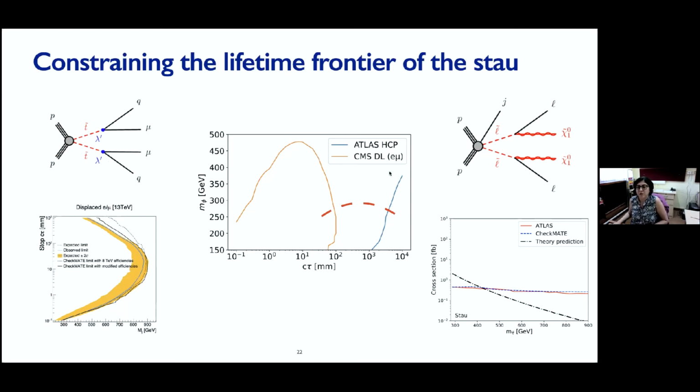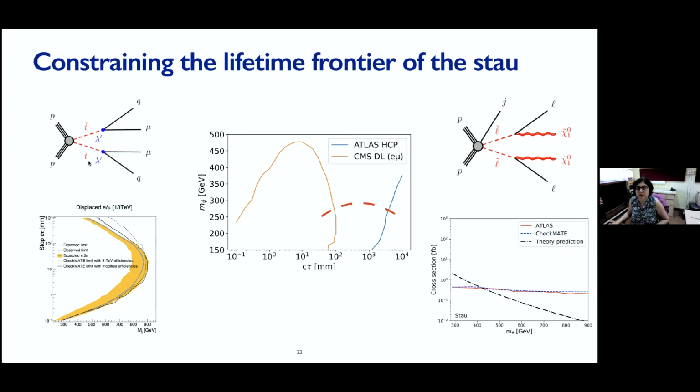So basically you just have a track that goes all the way outside the detector. Okay. So we see that it covers a very large range of lifetime. So this is essentially the decay length rather than just the lifetime. So it goes from 0.1 millimeter to 10 meters. And there is a gap in the middle, which in principle could be filled by these disappearing track searches, where you have a track that travels a bit and then disappears because you can no longer see the decay products.